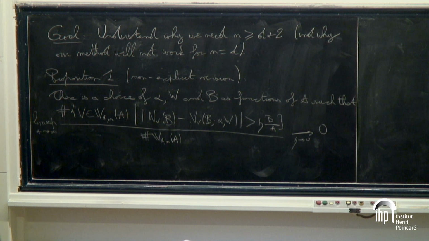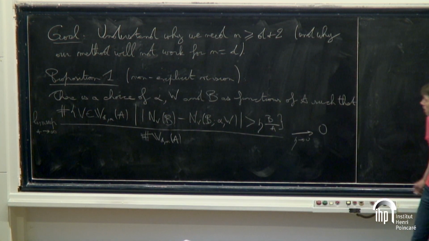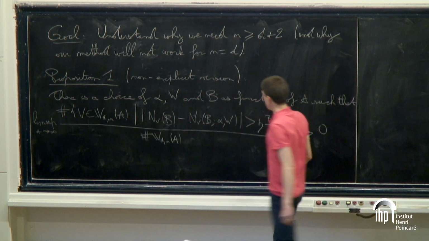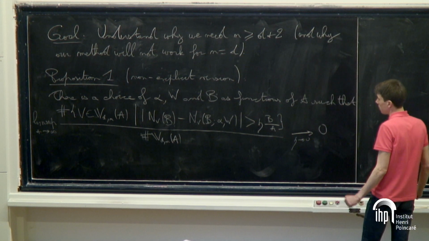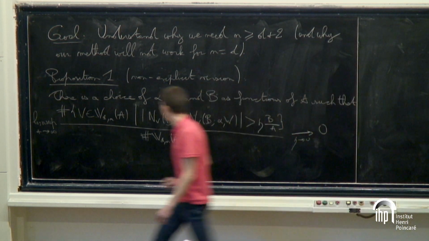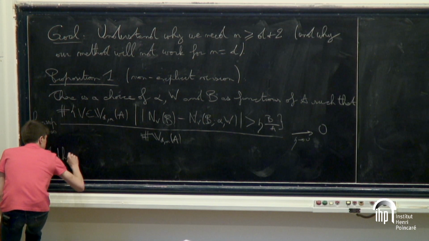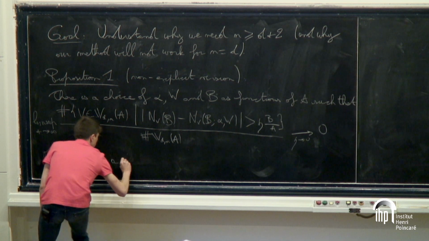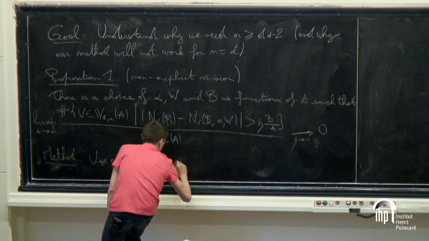So here is the idea. When people who are used to counting see that kind of lower bound, they think second moment. So let's see why. The idea, the method: use a variance estimate.